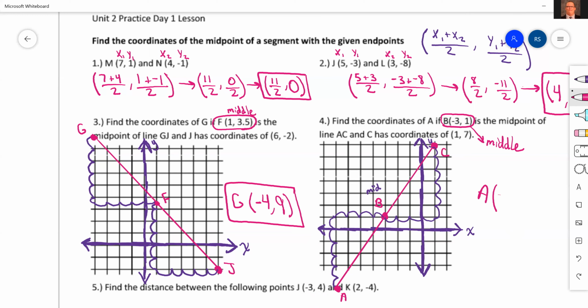It looks like I went to -7, and then how much did I go down from the x-axis? 1, 2, 3, 4, 5. Went 5 down, so -7, -5. There's our answer.